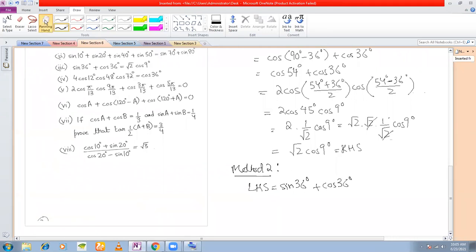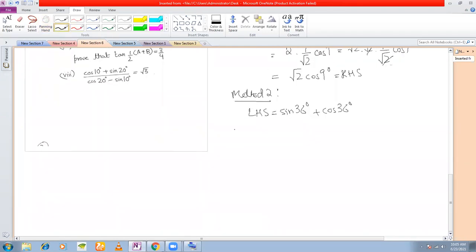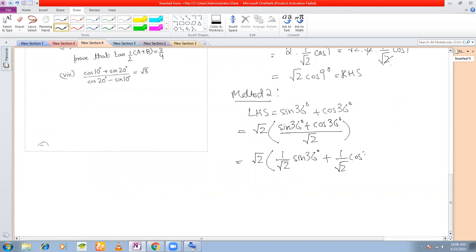What you do here is you multiply this by root 2. And you divide by root 2. Now you separate this. That this has 1 by root 2 into sine 36 plus 1 by root 2 into cos 36.